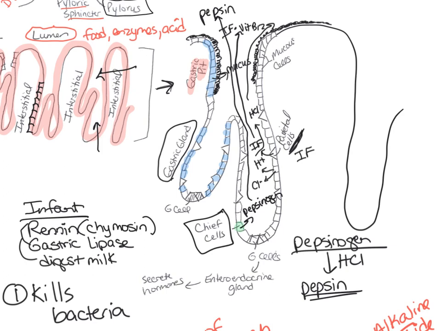There are some hormones too that are produced by the enteroendocrine cells in the gastric gland. The enteroendocrine cells are found dispersed among these cells, right? So I want to look at another page so we can talk about the different types of hormones that are produced by the stomach. So let's draw the stomach.